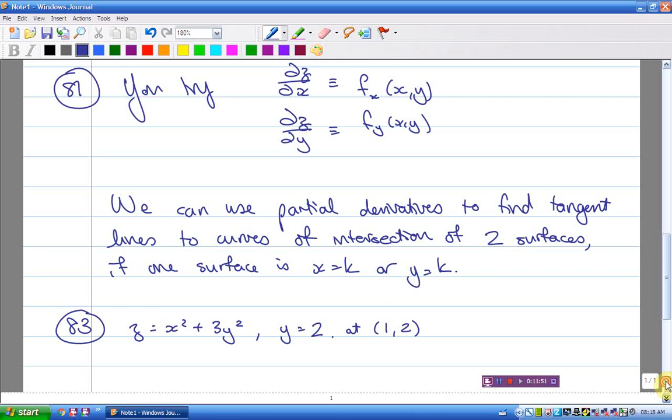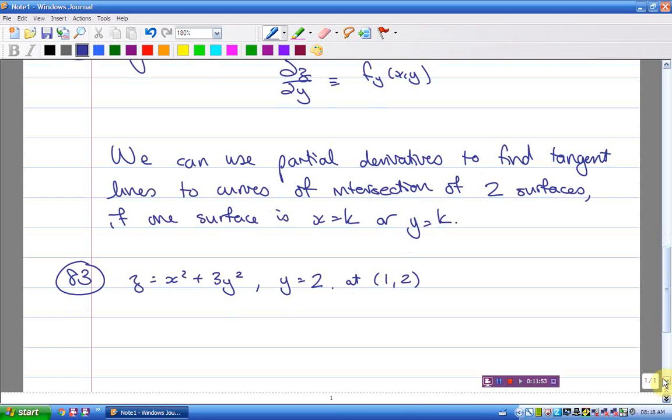So now the reason why partial derivatives can get us to the answer is because the curve of intersection, by definition, satisfies both equations. You can basically see the curve of intersection as being drawn on your surface with a Koki, okay?